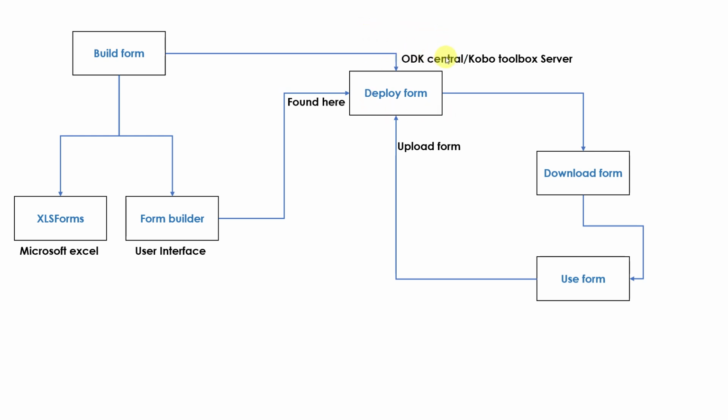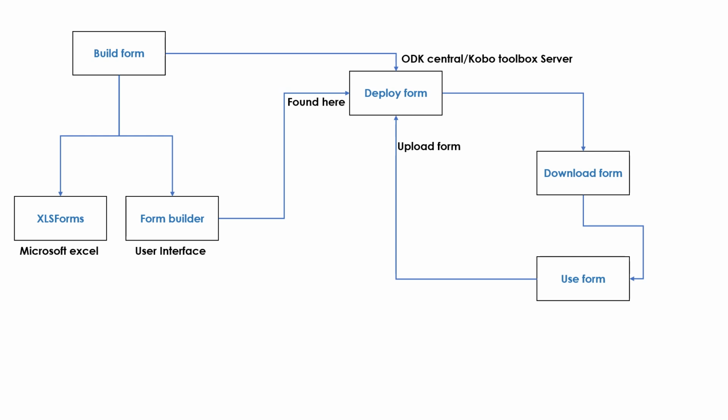This particular ODK Central or Kobo Toolbox server enables the successful deployment of an online survey tool, where you can actually access it using your Android phone. You can download it and use it offline. You collect data offline, and when you are done collecting your survey, you send it to the server, and then you can do analysis if you are online.